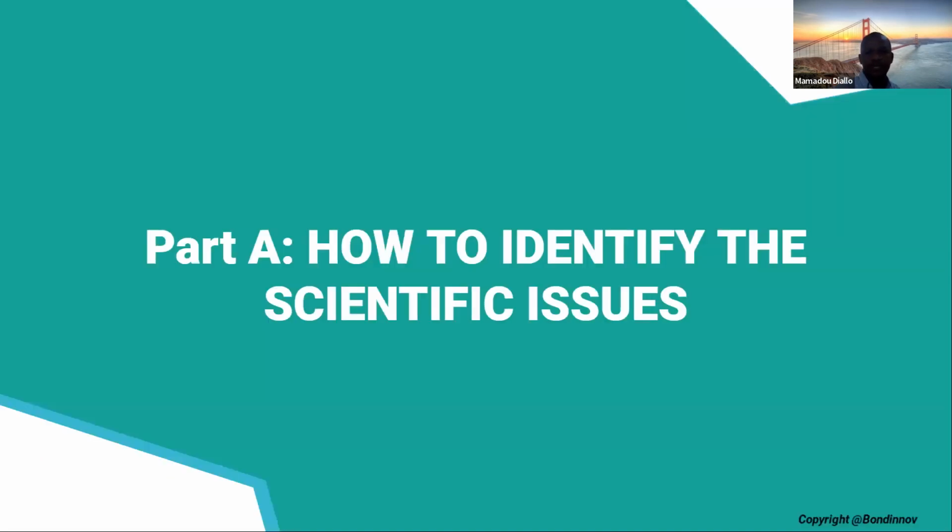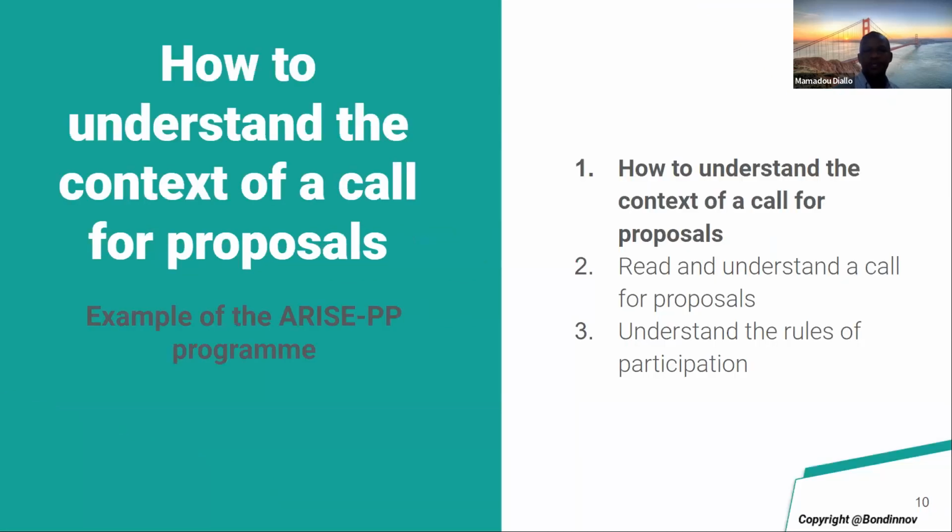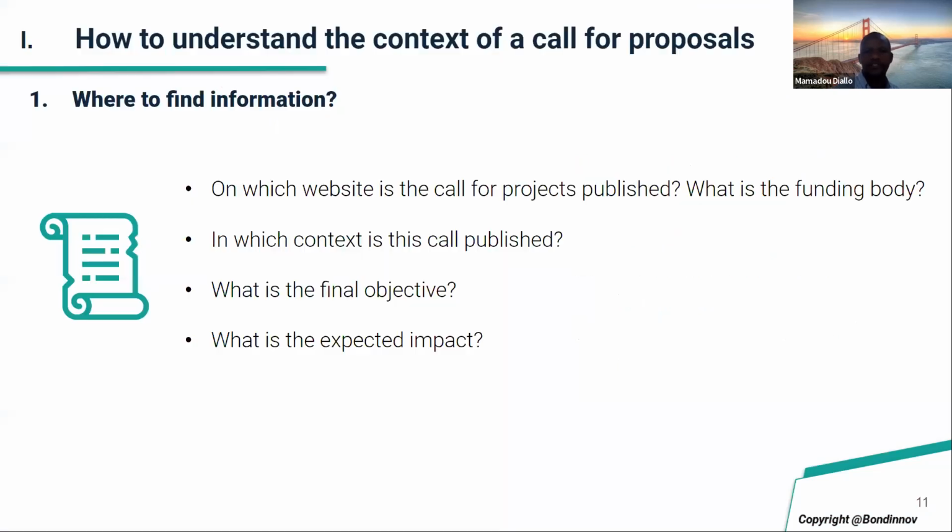So as I said, in part A, we are talking about how to identify the scientific issues. And in this part, we structure it into 3 points: how to understand the context for a call of proposal, read and understanding a call for proposals, and finally, understanding the rules of participation.